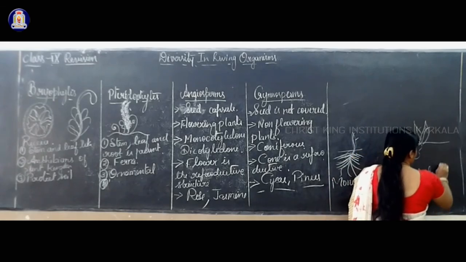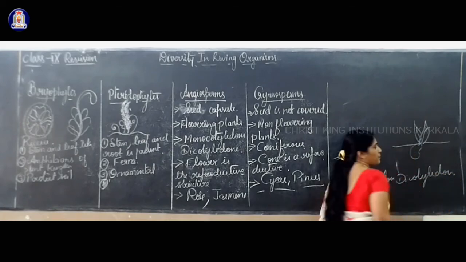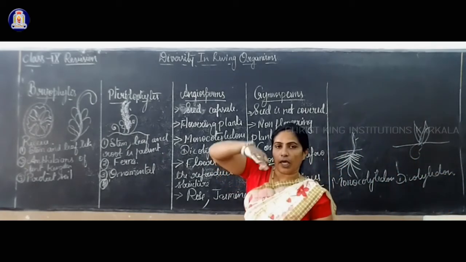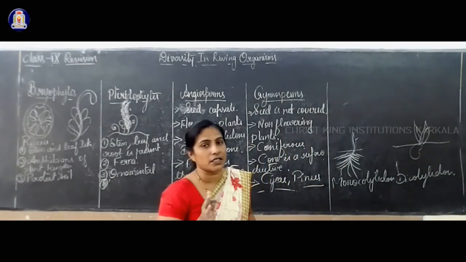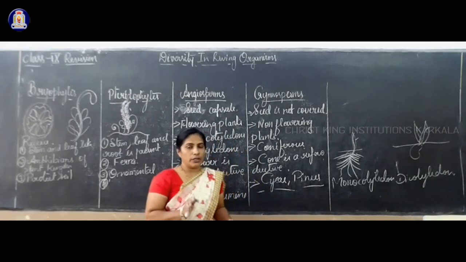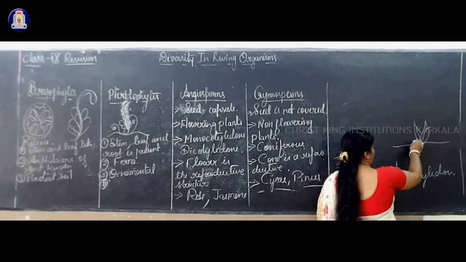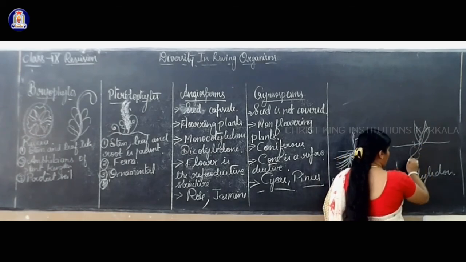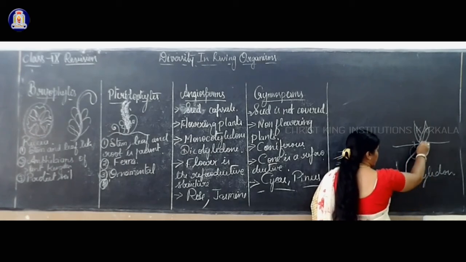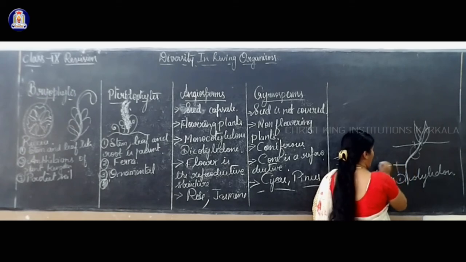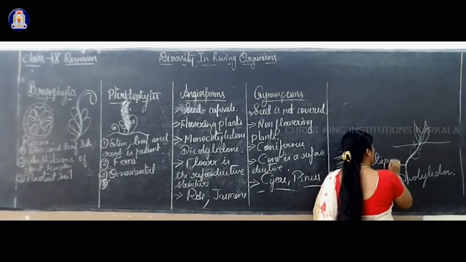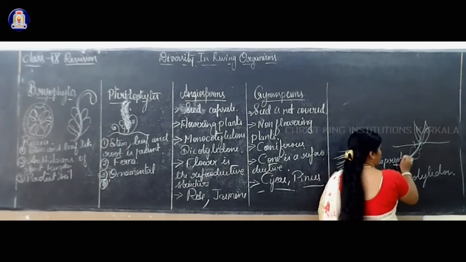If you observe, the seed will grow above the surface. This is a special character. In dicotyledon, the root is a deep root called tap root. Tap root is present in dicotyledon.